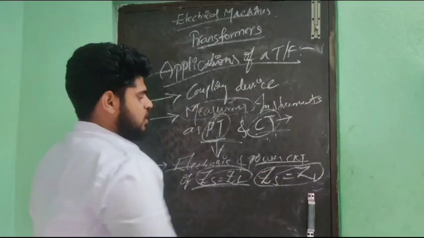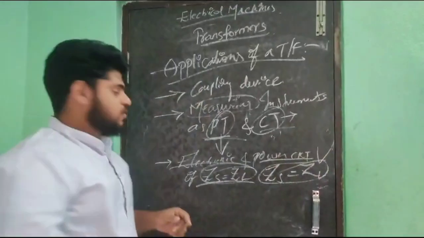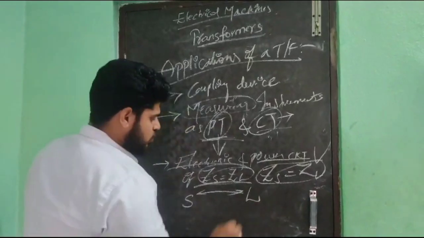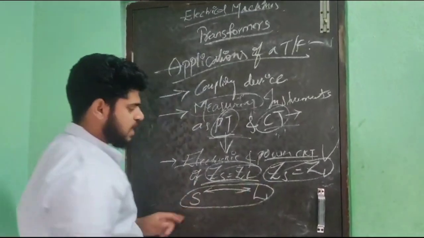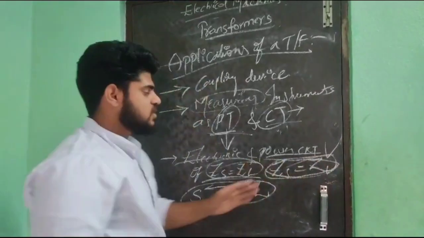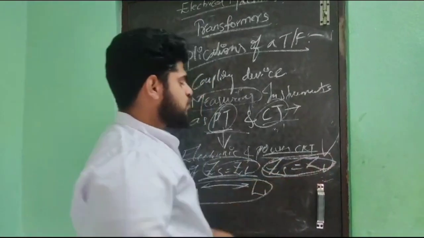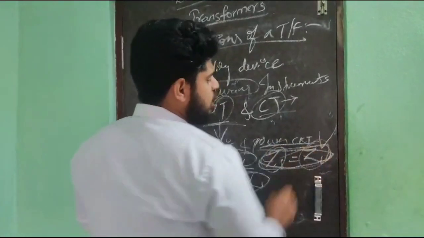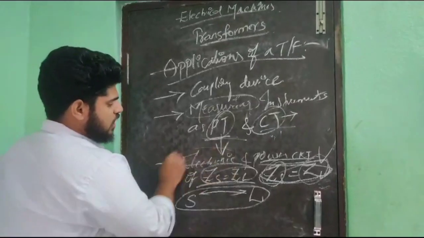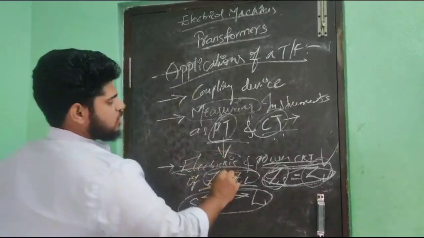During this condition, the maximum power is delivered from the source to the load. This is the source and this is the load. For maximum transfer of power, a condition must be satisfied: the source impedance ZS should be equal to the load impedance ZL. To get maximum efficiency and maximum power delivered, these transformers are used in electronic and power circuits.